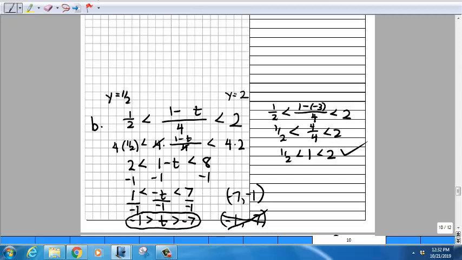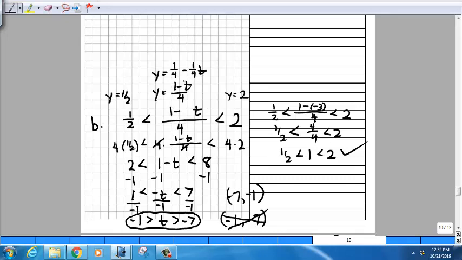Now, of course, this is going to be a little bit more complicated, so I'm going to graph y equals 1 minus t over 4. But when you graph that, you still get a straight line, because this is a formula for a linear function. This is the same as 1/4 minus 1/4 times t.